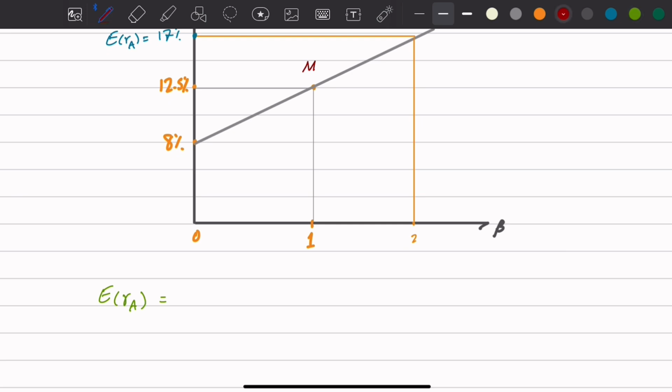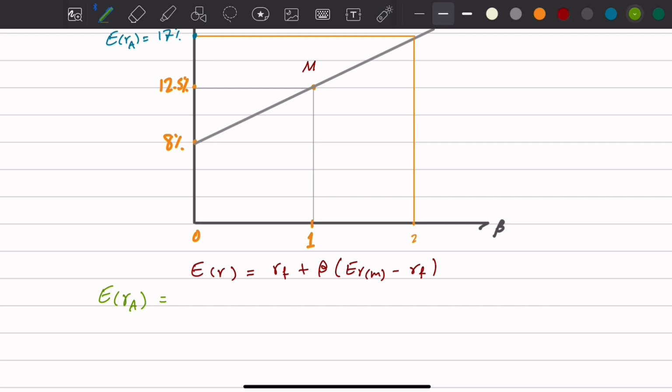Remember, CAPM says the expected return equals the risk-free rate plus beta multiplied by the expected return on the market minus the risk-free rate.